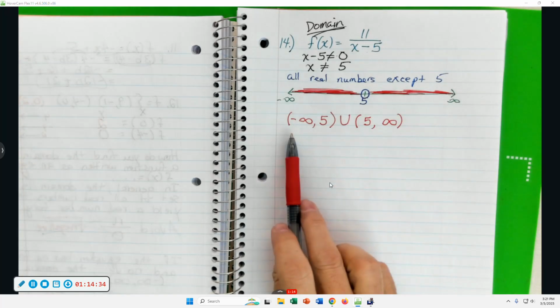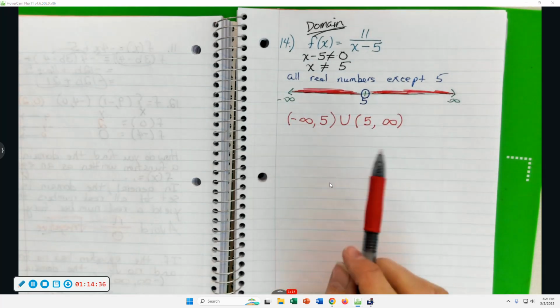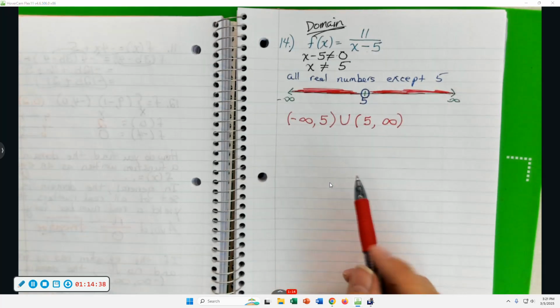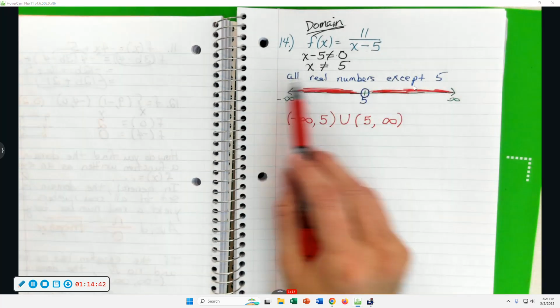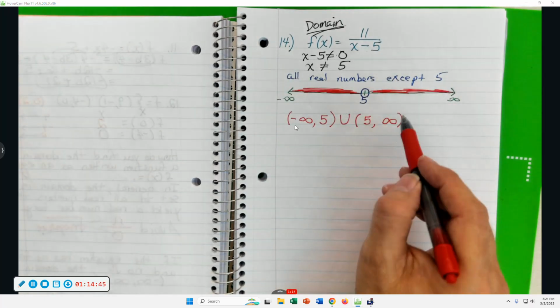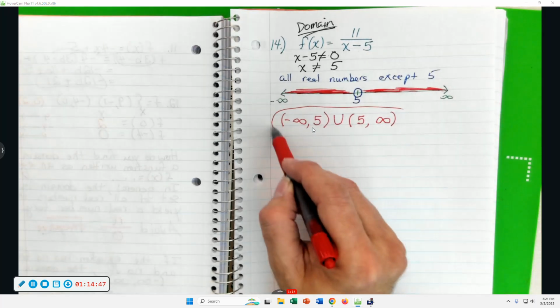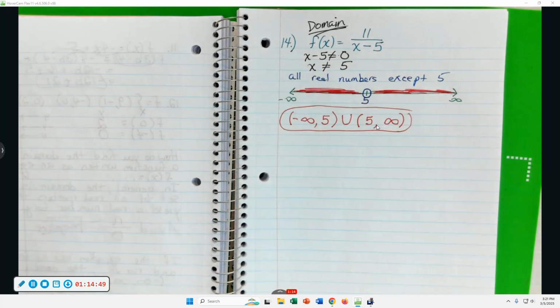What I've written here in red, that's how they want you to write the answer. But in words, you're talking about every number except 5. This first interval is saying all the numbers to the left of 5. This one's saying all the numbers to the right of 5. The only number that's not included in these two intervals is 5 itself.